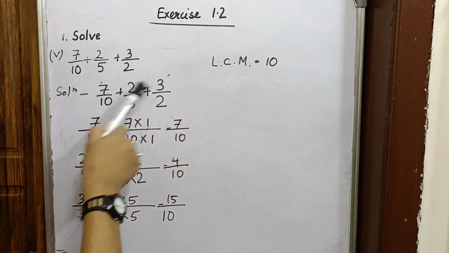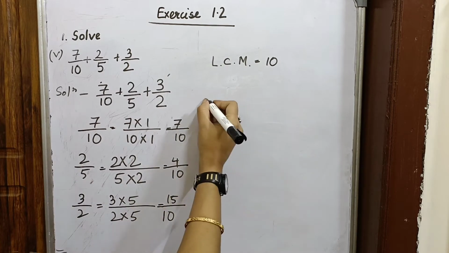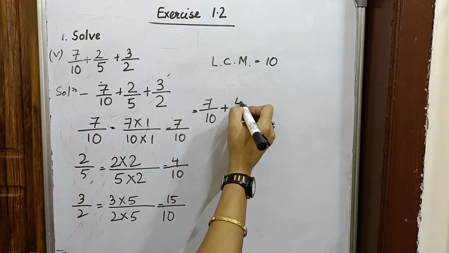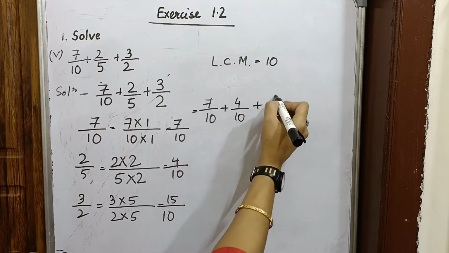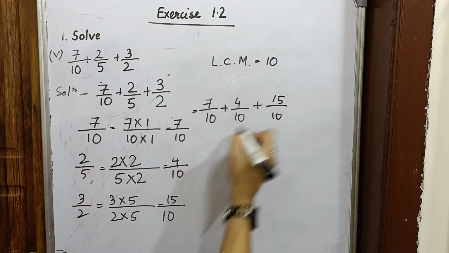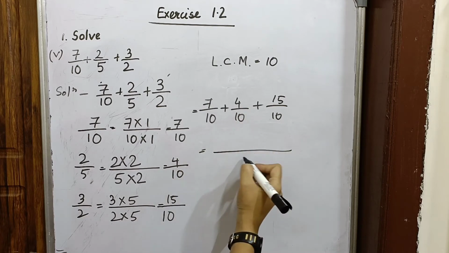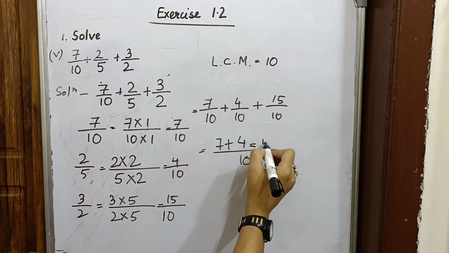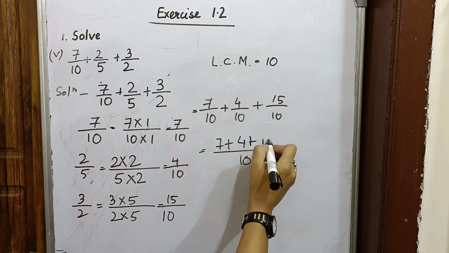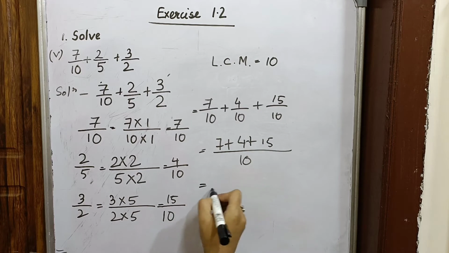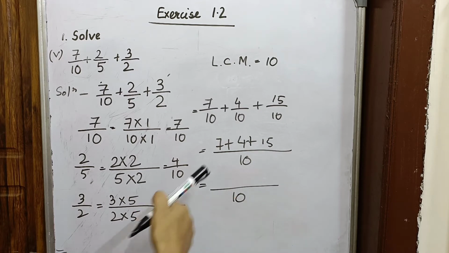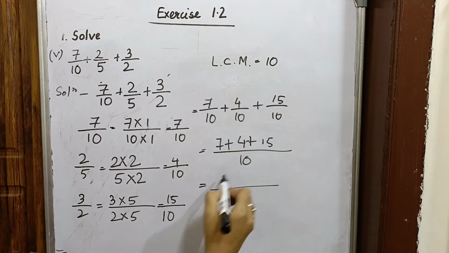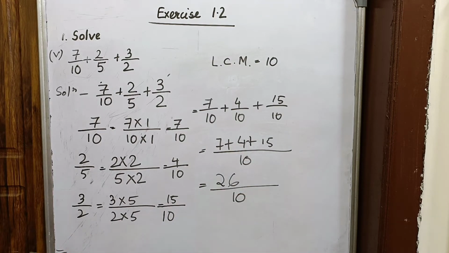So we will sum up these three: 7 by 10 plus 4 by 10 plus 15 by 10 equals, the denominator is 10, and 7 plus 4 plus 15 is 26.